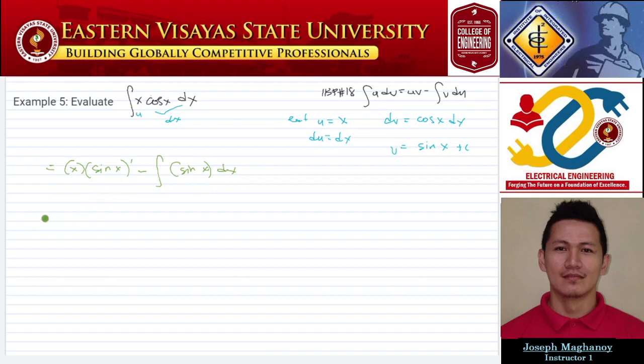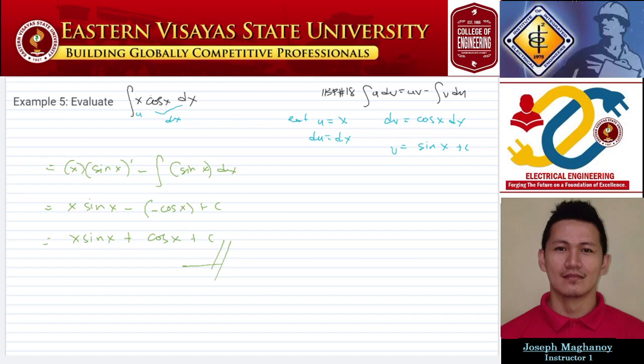All in the same equation. So we simplify. So that is x sine x minus the integral of sine x, that is negative cosine x plus c. So finally, our final answer, x sine x, negative times negative, positive cosine x plus c. So this is your final answer for example number 5.